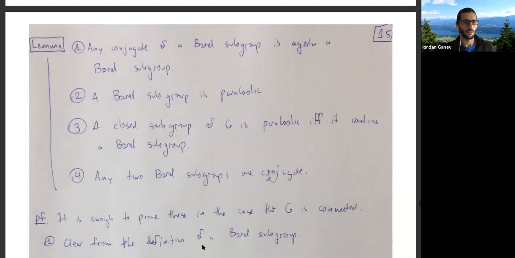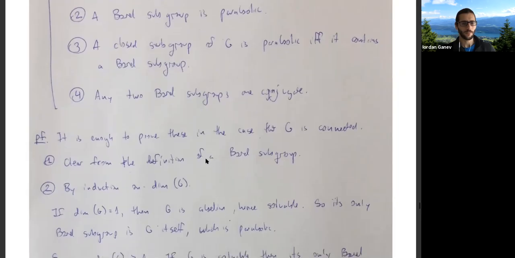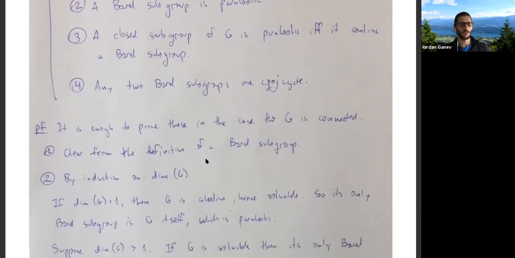So let's see how the proof of this goes. We can just assume G is connected throughout. The first statement is pretty immediate from the definition, because if we conjugate a Borel subgroup, it's still some other subgroup that's maximal with respect to those properties. For 2, we do it by induction on the dimension of G. First of all, if the dimension of G is 1, then G is abelian, so it's solvable. So its only Borel subgroup is G itself, which is parabolic.